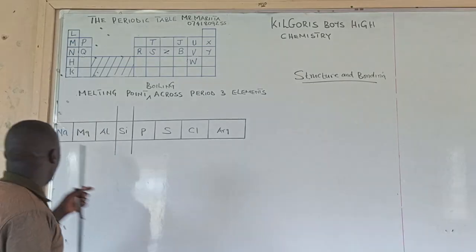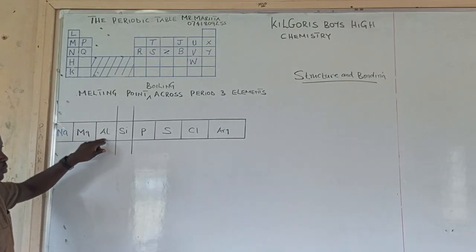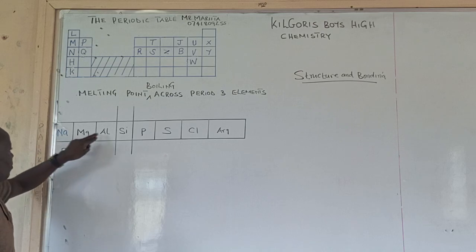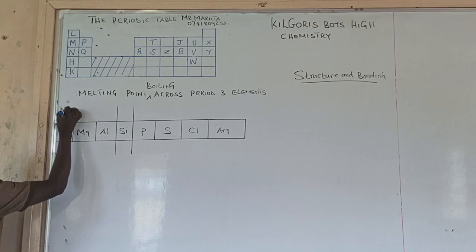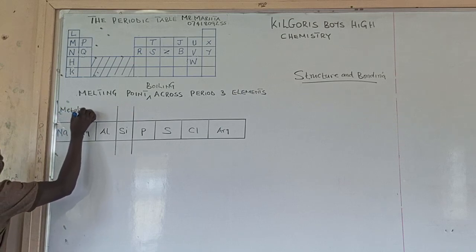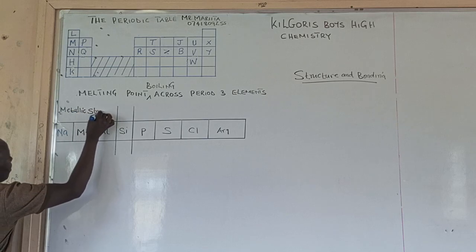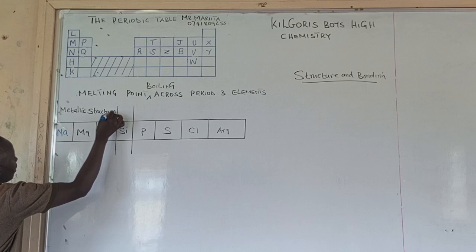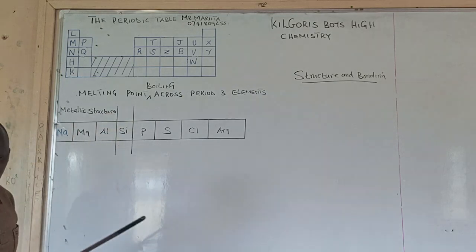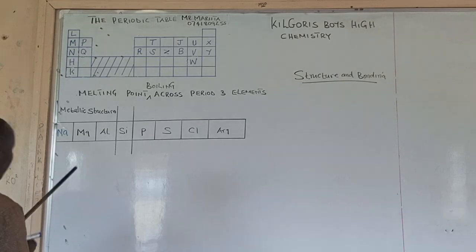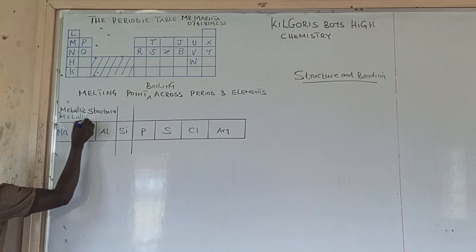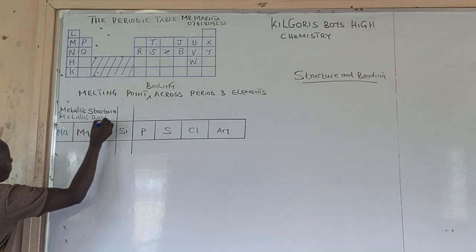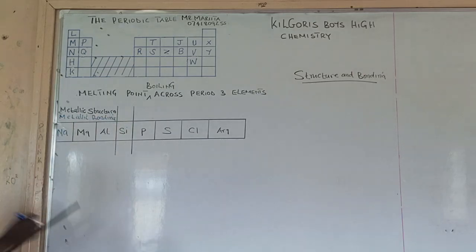Between sodium and aluminium, where we have sodium, magnesium, and aluminium, they have metallic structures with metallic bonding. So that is from sodium, magnesium, and aluminium.